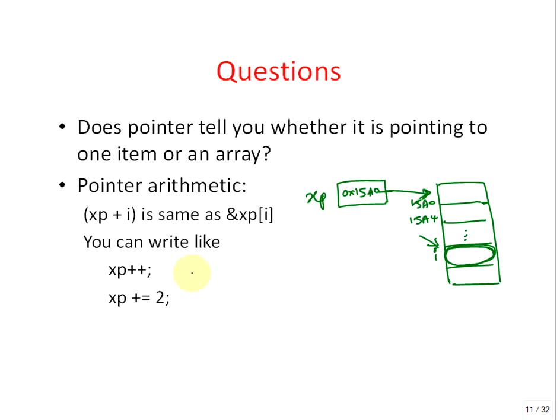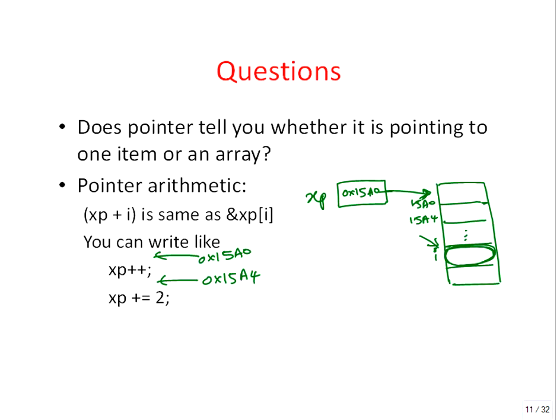So at 15A0, once you do the increment, it becomes 15A4. Because xp is pointing to an integer, and an integer requires 4 bytes to store one data item. So when you do plus plus, we are making the pointer point to the next item, not the next byte, the next item in the array. That's why the xp value becomes 15A4.